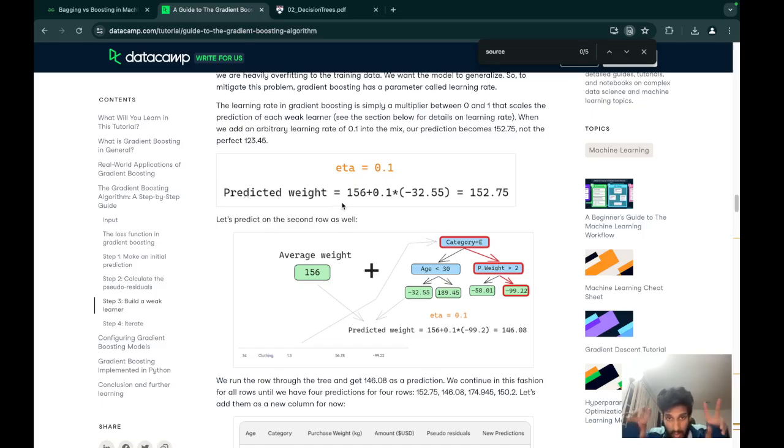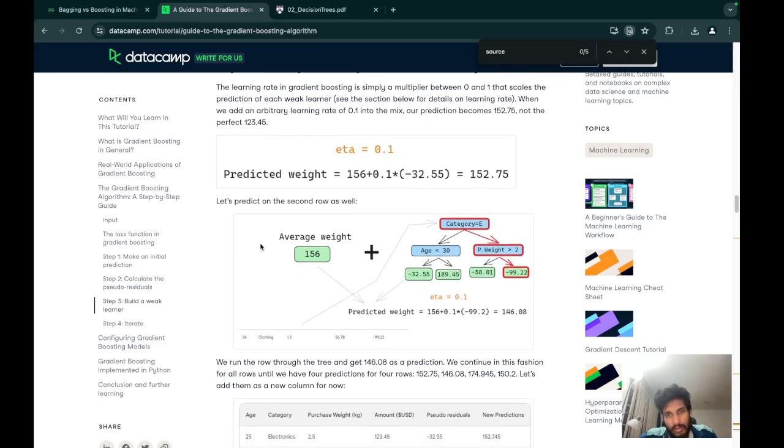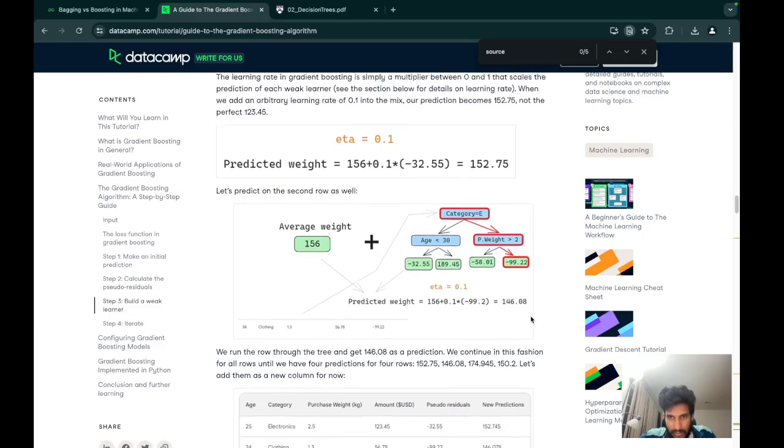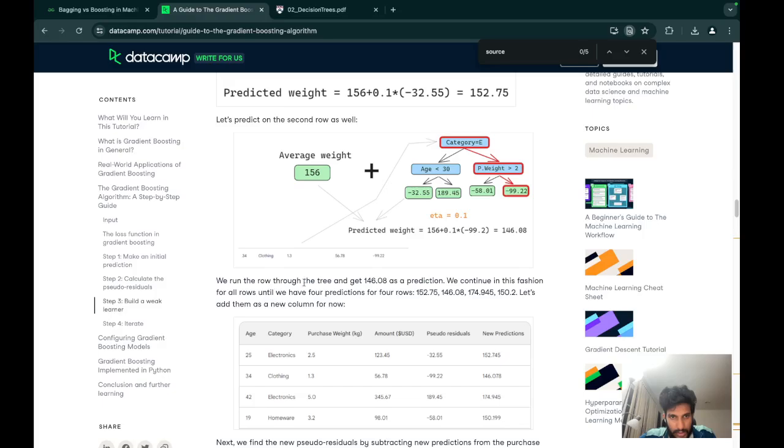We made a small mistake, which is 156 plus 0.1 into this. So it's only 146.